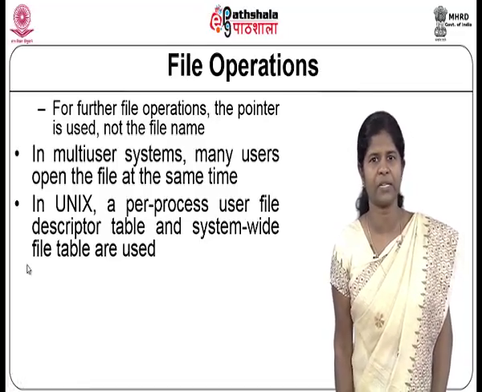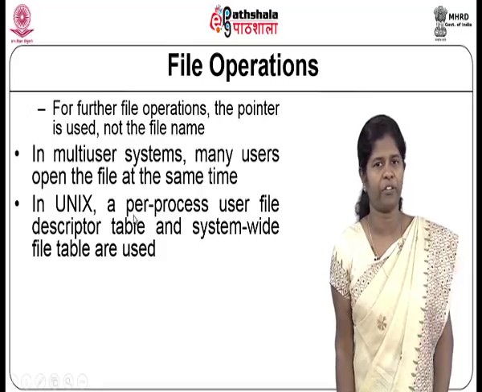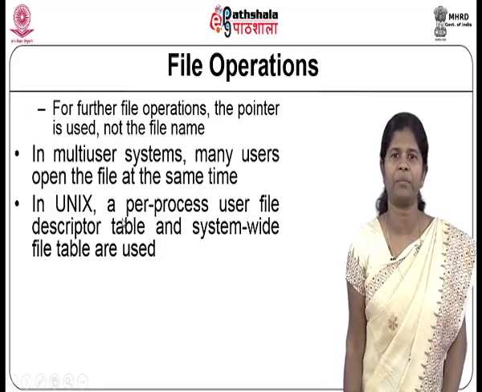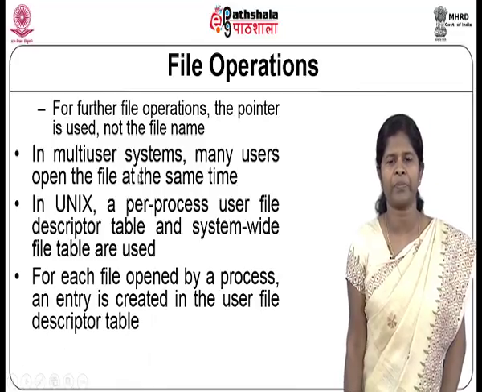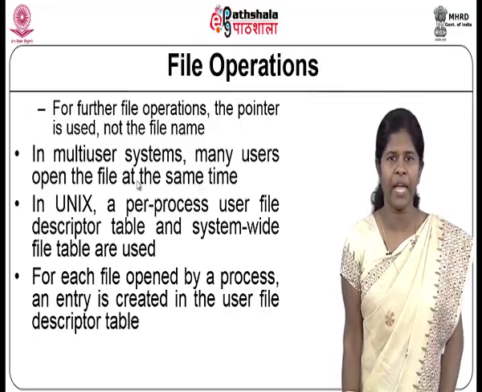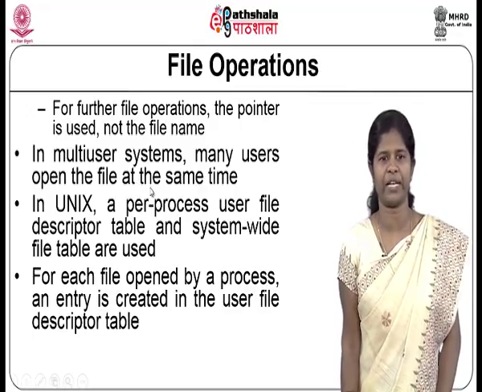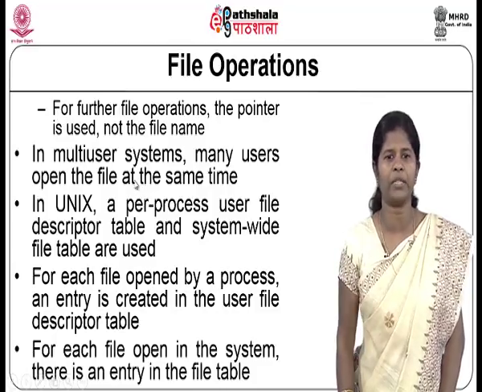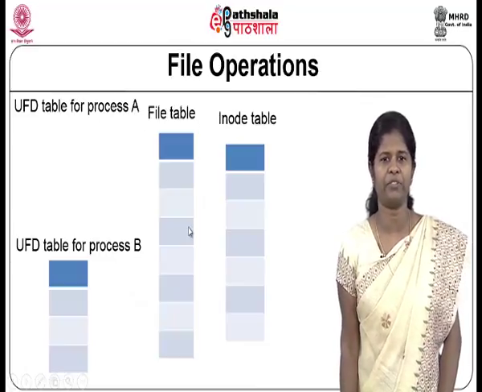So, for the whole system there is one single file table. Whenever a file is opened by a process, an entry is created in the user file descriptor table. And for each file that is open in the system, there is an entry in the file table.